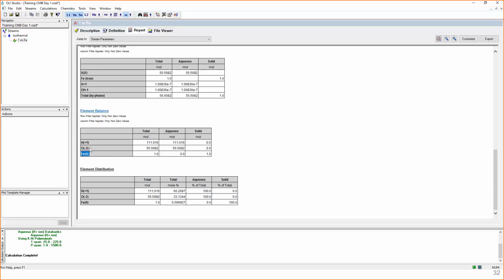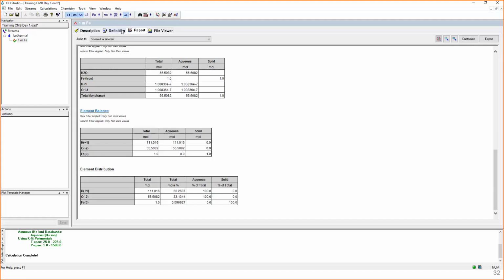So in here you can follow one specific oxidation state. So this hydrogen plus 1 is combining the amounts of hydrogen plus that you see here, plus the 2 molecules of hydrogen that you see here. So that is what it's doing. And the element distribution is basically the same information, but now it's given in a mole percent or in a percentage way.